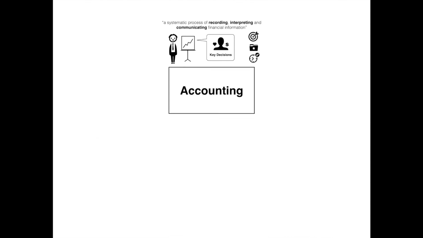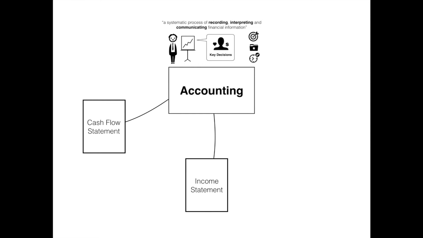Financial information is communicated through three key financial statements: the statement of cash flows, the income statement, and the balance sheet. Think of the cash flow statement as the master of cash. It tracks all dollars that move in and out of the company and when those dollars move, showing you how much cash should be in the company's bank account at any point in time.